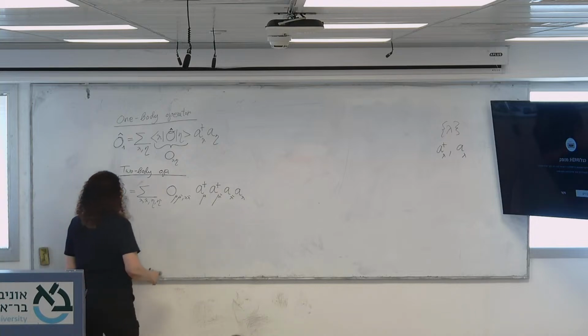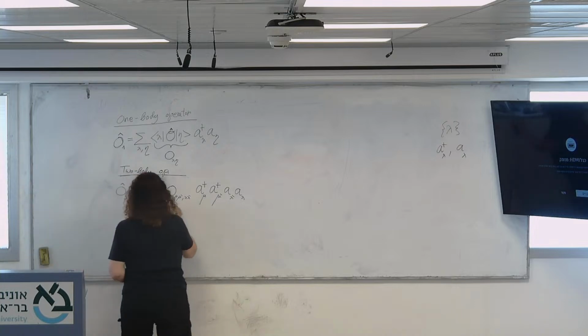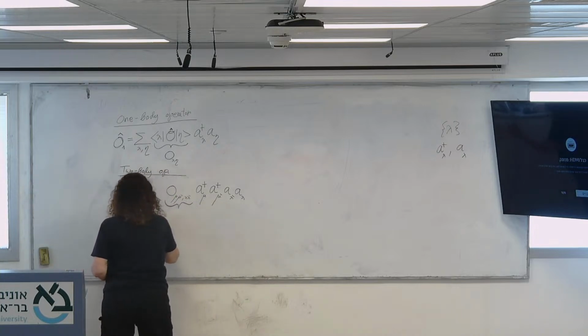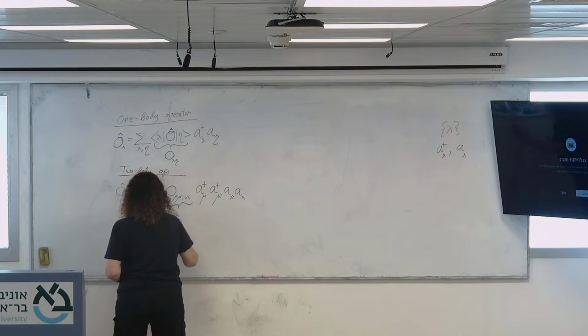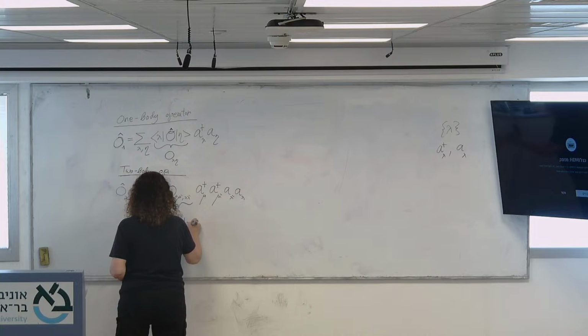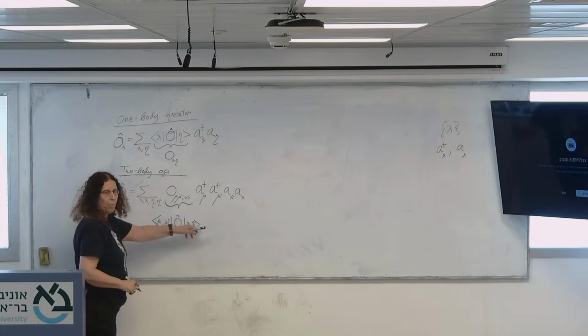So, and once again, this is a matrix element. Let me write more explicitly what it is. It is equivalently the matrix element between the bra and ket states mu mu prime and lambda lambda prime.